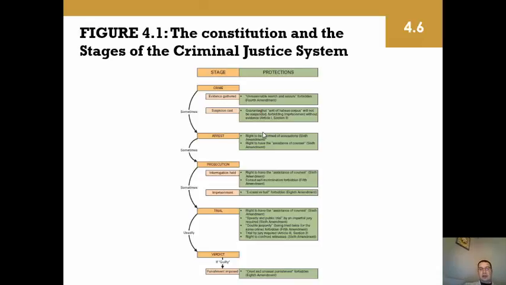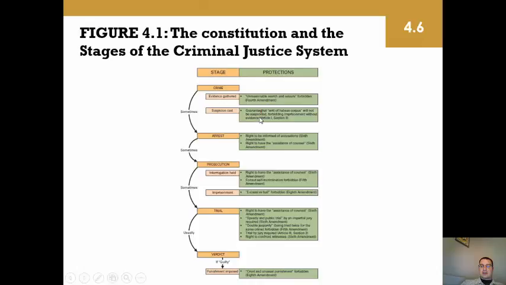So here's the criminal justice system, right? At every stage you have different constitutional protections. We'll walk through those quickly. Once the crime is committed, evidence is gathered, and suspicion is cast, you have protection at that stage. There has to be probable cause to search your car. You have to get a warrant to search other containers or your house.